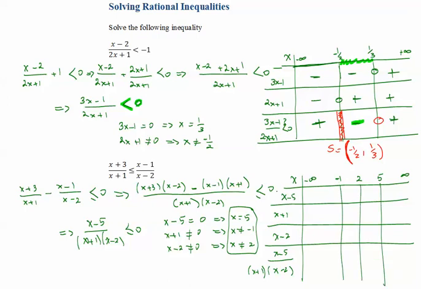So this numerator right here, x minus 5, is equal to 0 when x is 5. And x plus 1 should never be 0 in the function itself, but x plus 1 equals 0 when x is -1. X minus 2 equals 0 when x is 2.